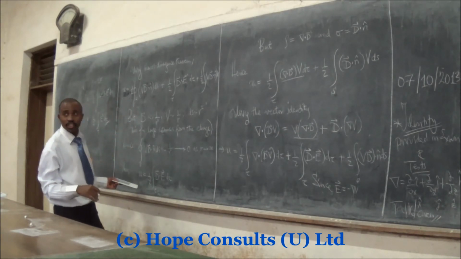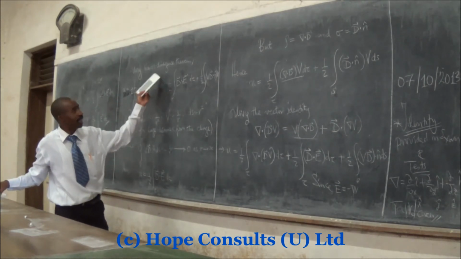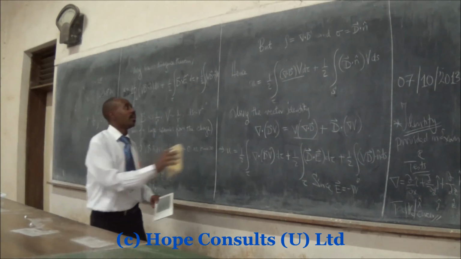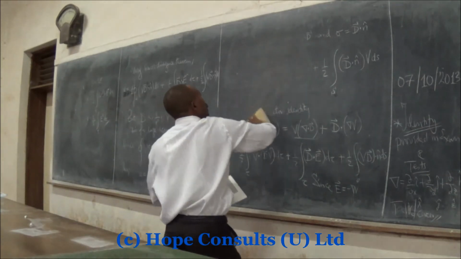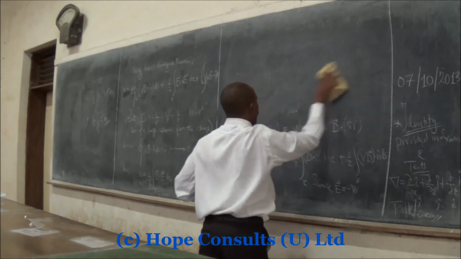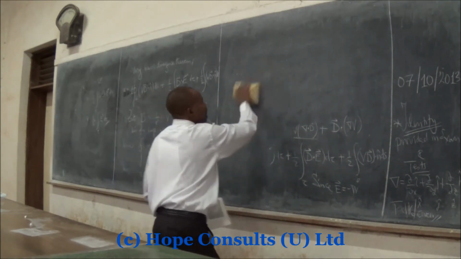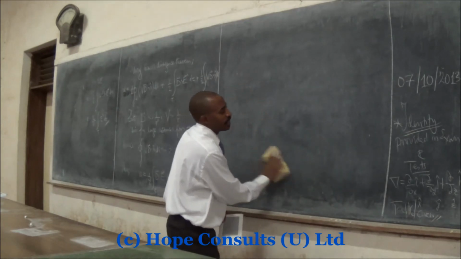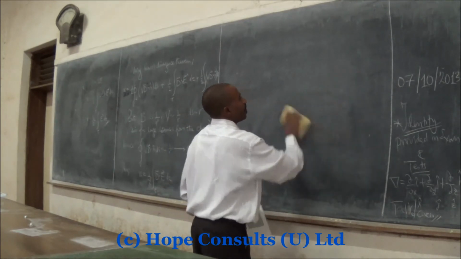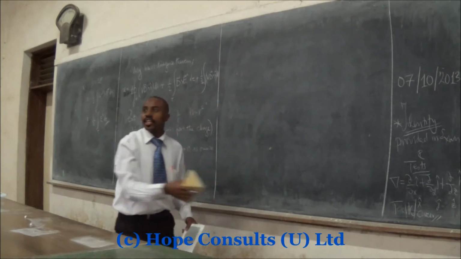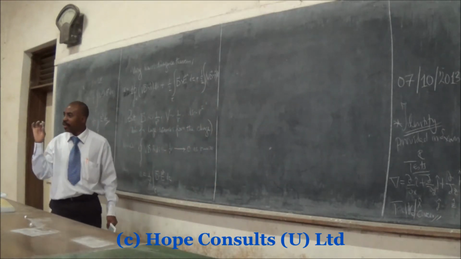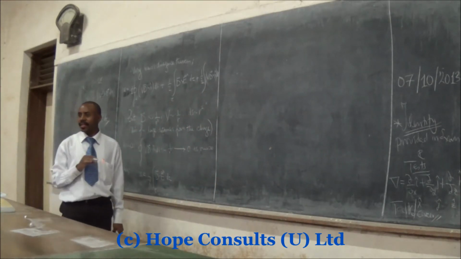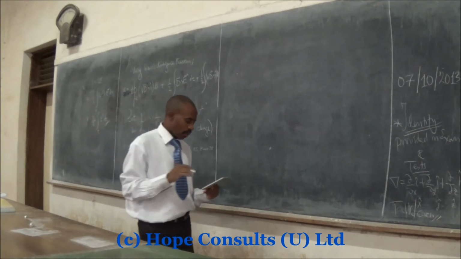So this is the energy, and our heading, if you remember, was that we are interested in the energy density in such a distribution. So what is energy density? Our energy density would be the same as dU over d tau, the elemental energy divided by the volume.